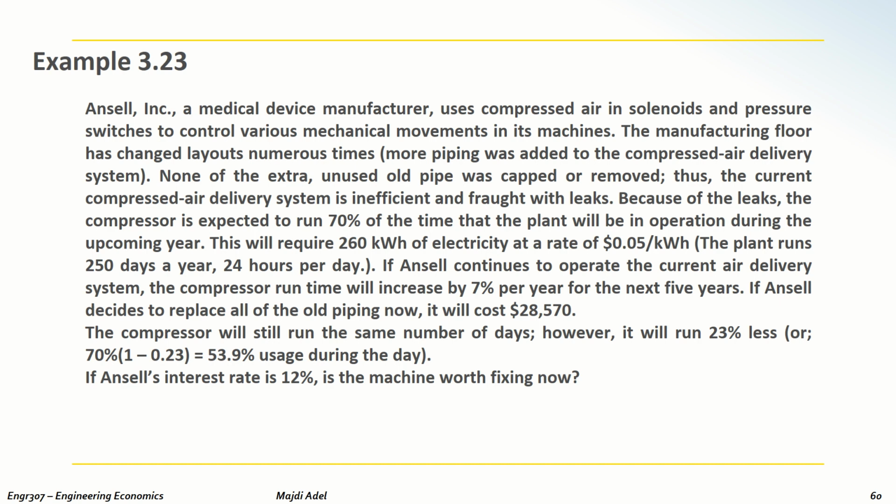It's operating for 17 hours a day. It's going to operate 23% less, or 1 minus 0.23 multiplied by 17 hours, or 70% multiplied by 1 minus 0.23, which is يعني راح تشتغل is going to operate 53.9% during the day.